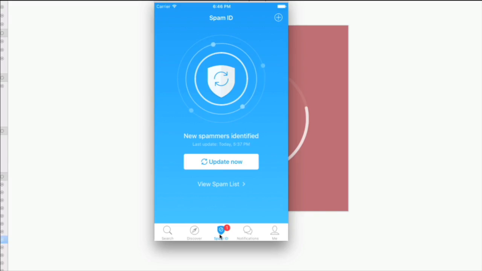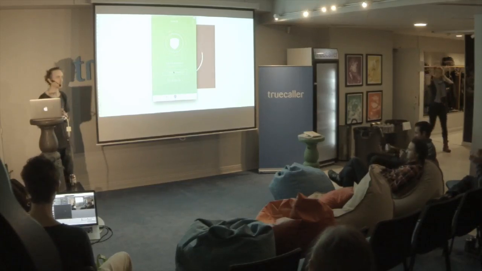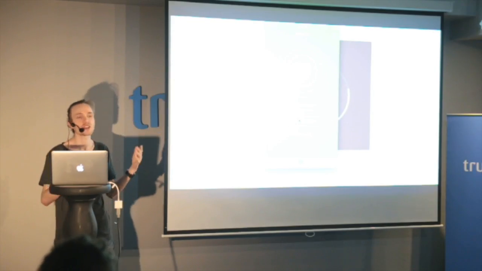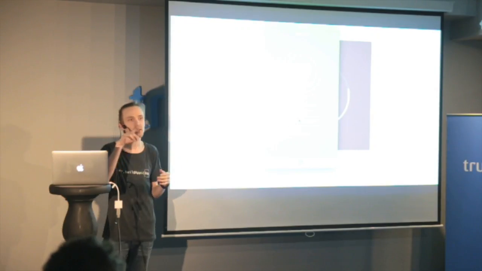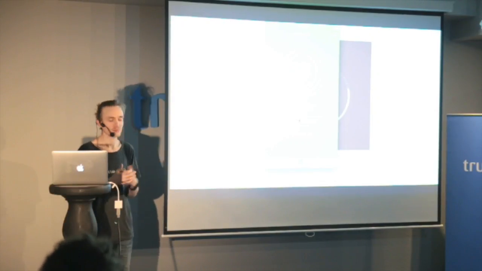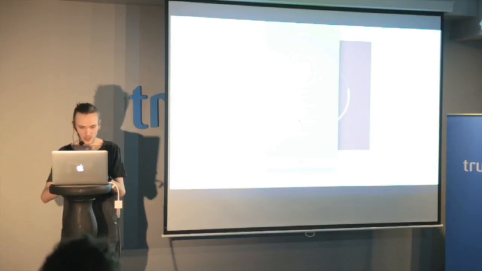And when I press on Update Now, everything becomes faster and has a loading animation. And this one is almost not measurable. If you run it in Instruments, you don't see any peaks or anything. It's like a flat line of CPU usage. So yeah, good.